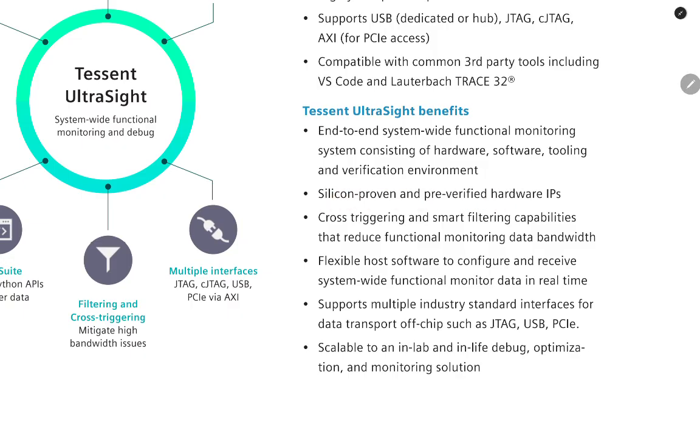Silicon-proven and pre-verified hardware IPs; cross-triggering and smart filtering capabilities that reduce functional monitoring data bandwidth; flexible host-based software to configure and receive system-wide functional monitoring data in real time; supporting multiple industry-standard interfaces for data transfer off-chip, such as JTAG or USB, PCIe; scalable to in-lab and in-life debug, optimization, and monitoring solutions.